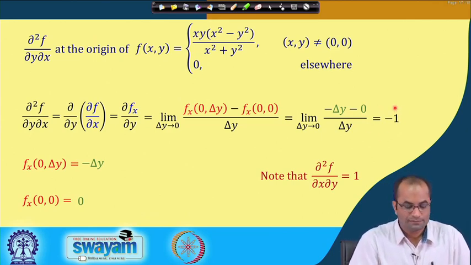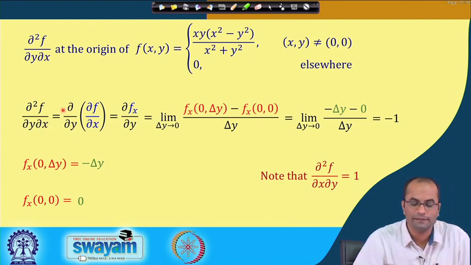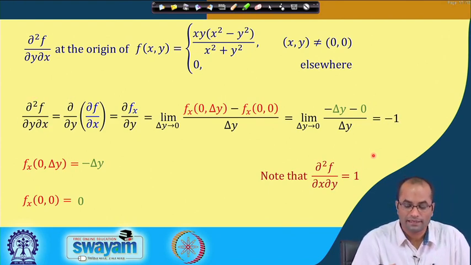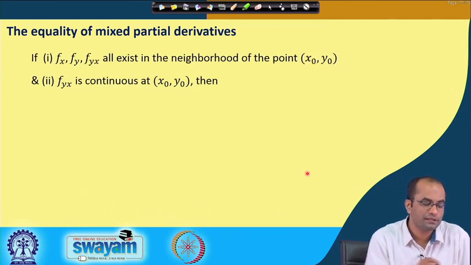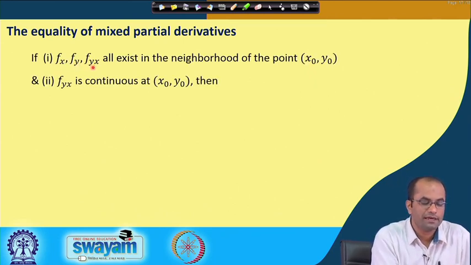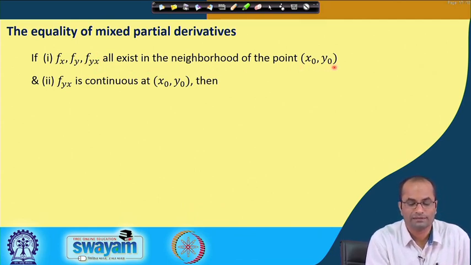So, what we have observed is that these two partial derivatives, first with respect to y and then with respect to x, or first with respect to x and then with respect to y, they may not be equal. Like in this present example, here the value is minus 1 and here the value is 1. So, when the equality of these mixed partial derivatives happens, we have this result: if f_x, f_y and f_yx all exist in the neighborhood of this point.